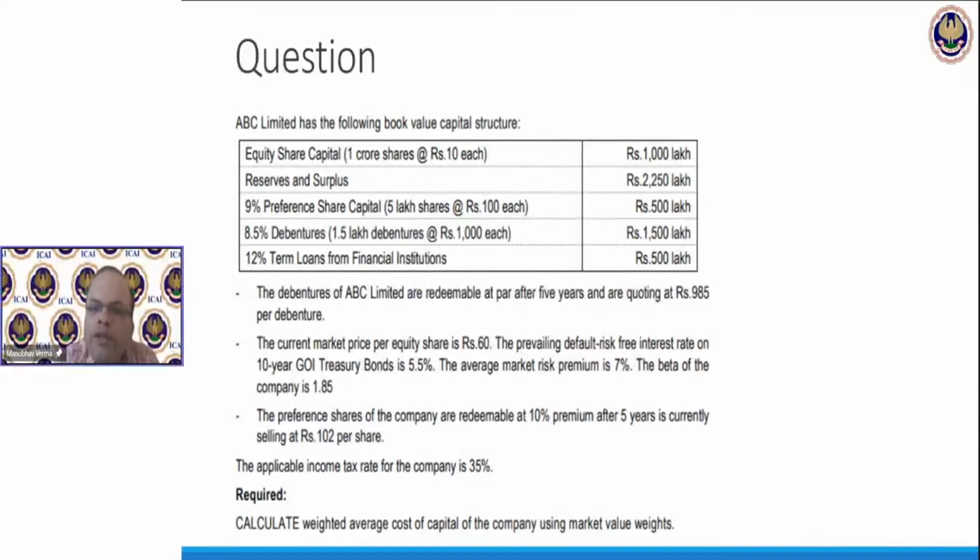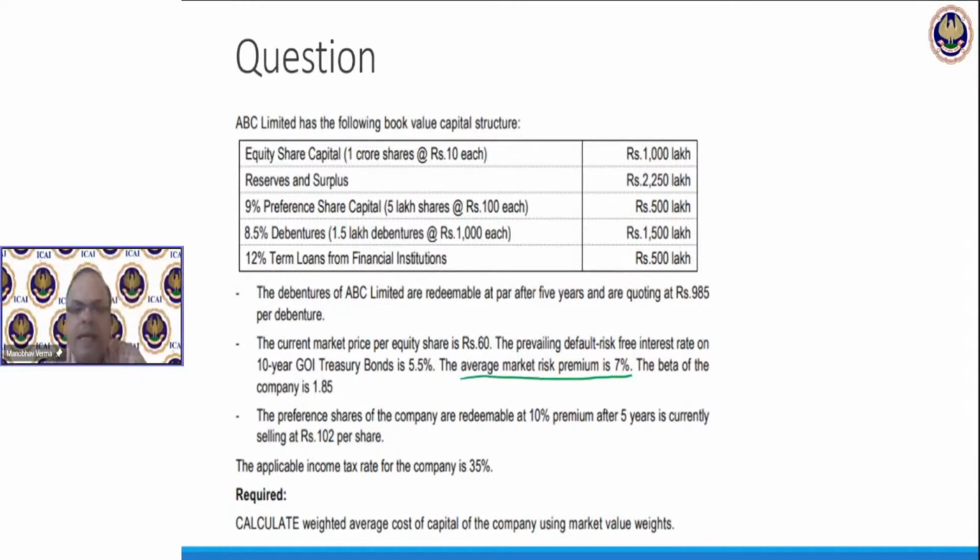Prevailing default risk-free rate on 10-year treasury bonds is 5.5. I'm very much interested in seeing that they've given you average market risk premium as 7%. And the beta is 1.85. Preference shares of the company at 10%, redeemable at 10% premium, are currently selling at 102.